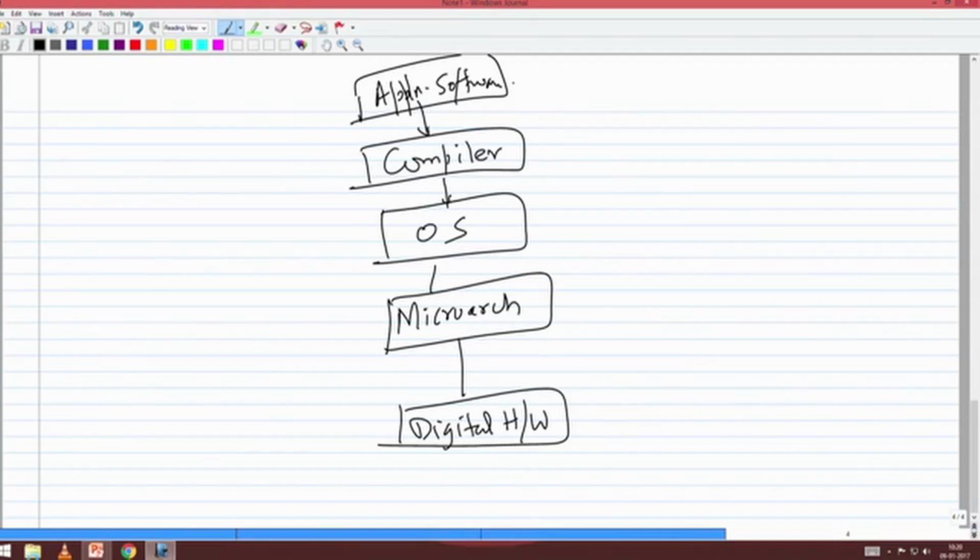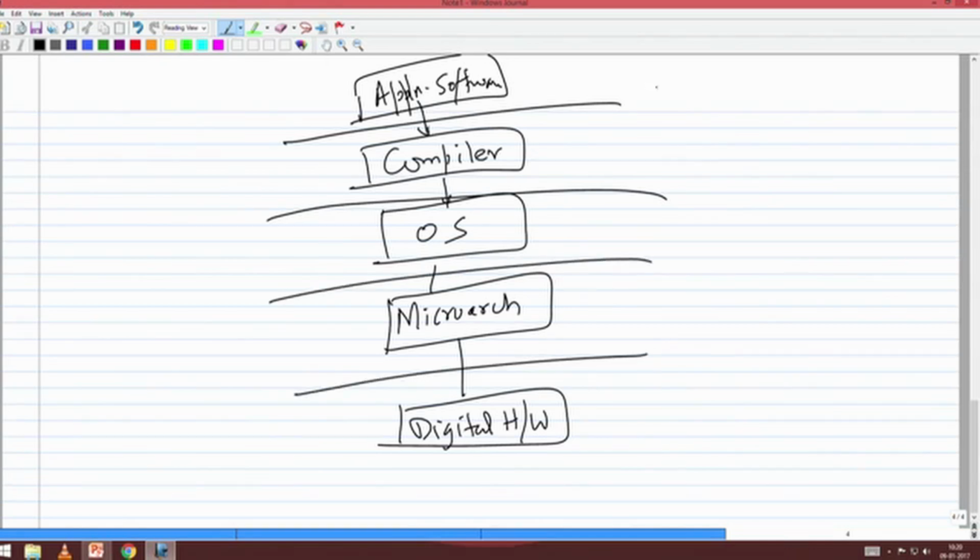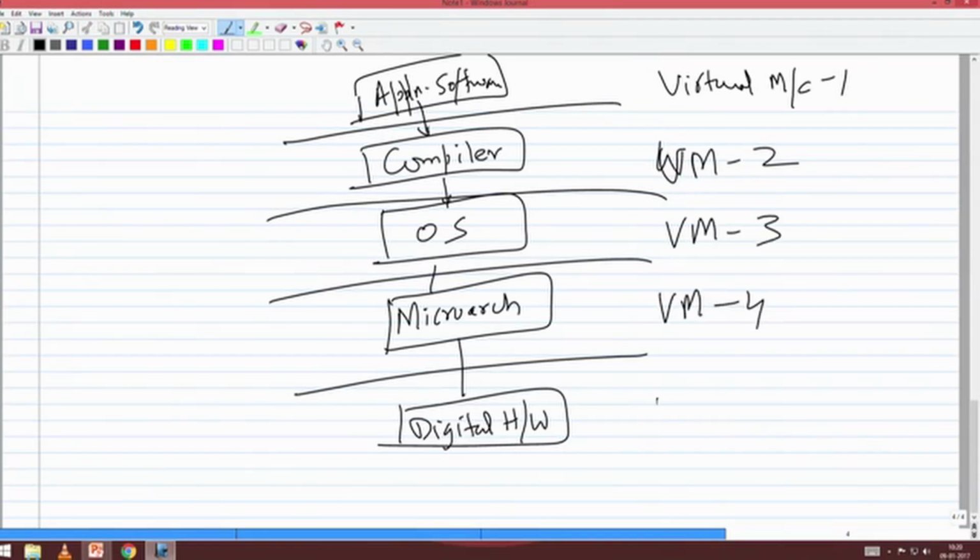Now please note that each level is isolated from the remaining part. So each level I could call a virtual machine. So I can say virtual machine 1, virtual machine 2, virtual machine 3, virtual machine 4, virtual machine 5. And each of these has a language.